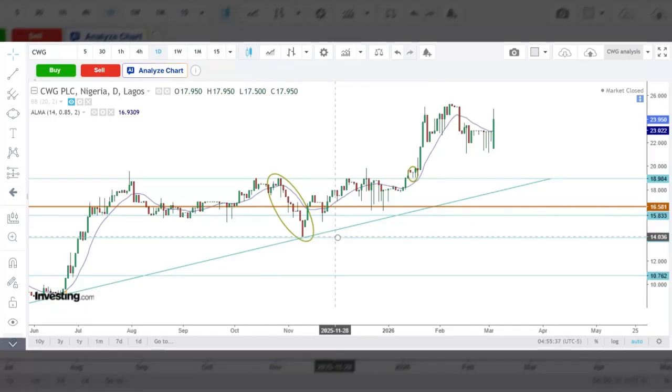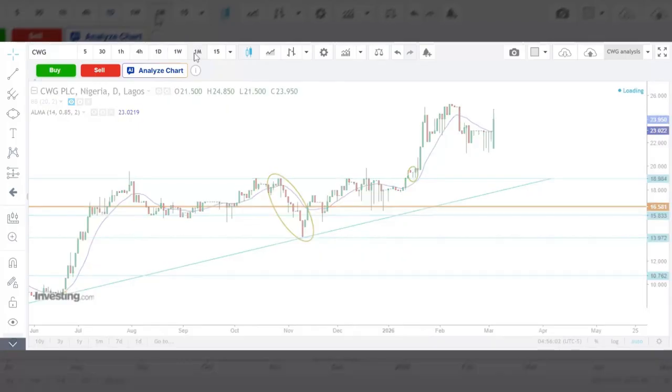So this is where you bring in other indicators to know what is really happening in the market, and this is also when you use your time frame analysis. Are investors taking profit? So let's go to the monthly time frame.